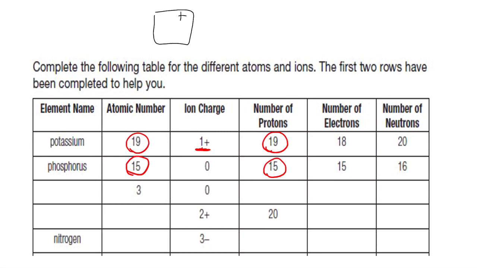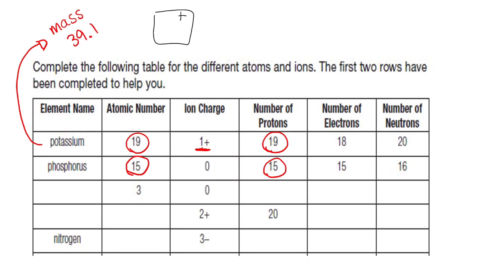The number of neutrons is based on the atomic mass. So the mass for potassium is 39.1 from the periodic table. And in order to get neutrons, we take the mass minus the atomic number.